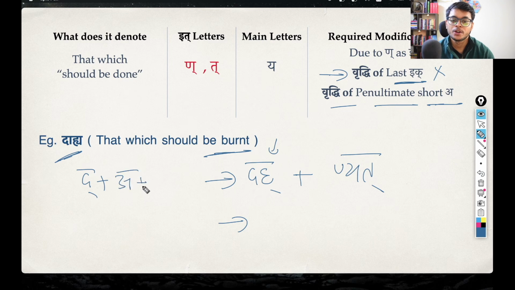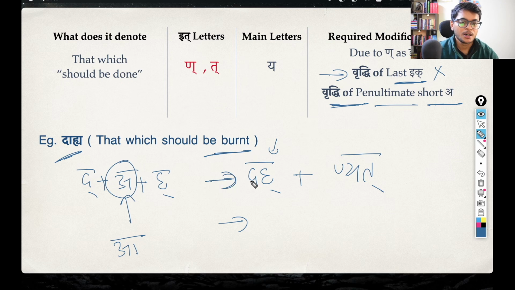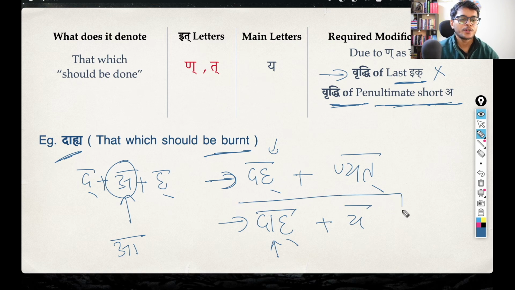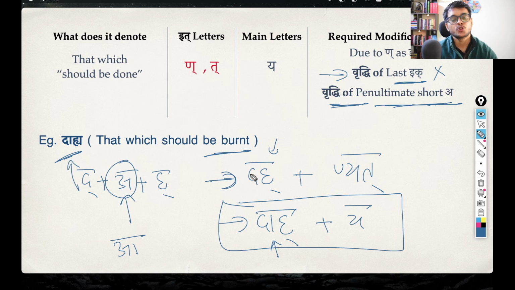If we do the vichcheda, this is how it opens: we have a penultimate short a. So the vriddhi of penultimate short a will happen. And vriddhi of risva a is dirgha a. Okay, this is the vriddhi of risva a. So this dah will change into dah with long a. Okay, and for nyat, we know we add this ya, and then no further modifications are possible, no sandhi is possible, so we just combine it. So dahya, that which should be burnt.